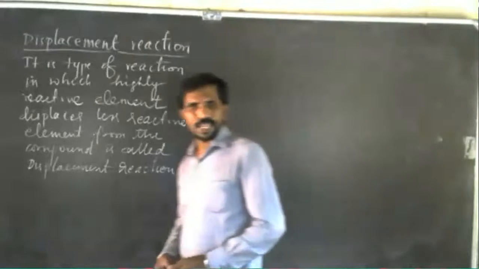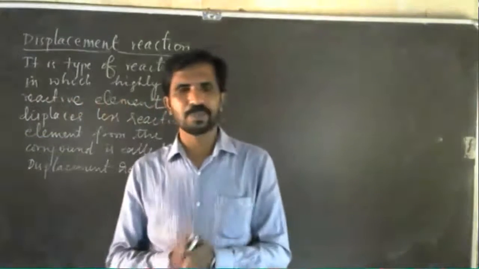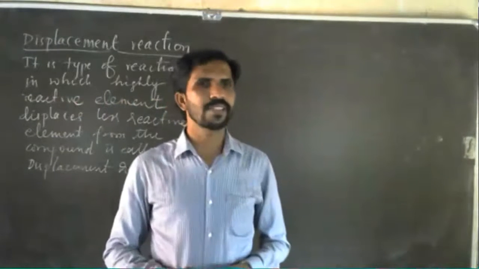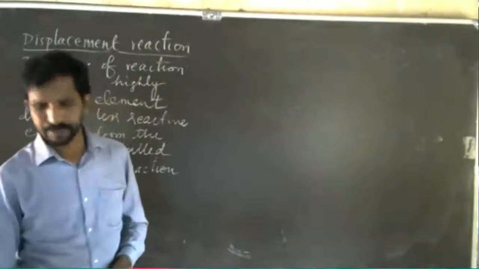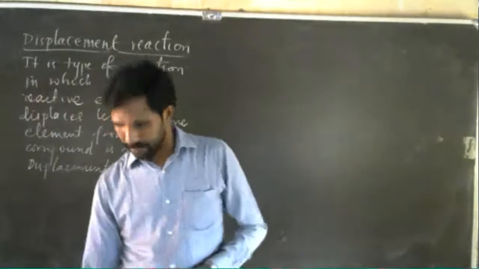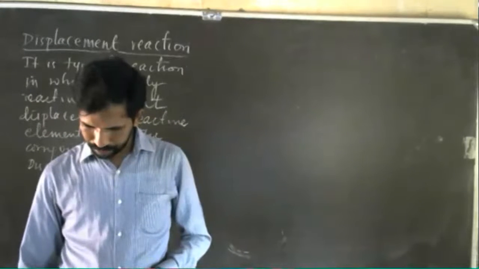So one compound will be there, and from that compound one of the elements will be displaced. Understood? You can give an example, like in our textbook they have given the example of the displacement of iron when it is placed in copper sulfate solution.